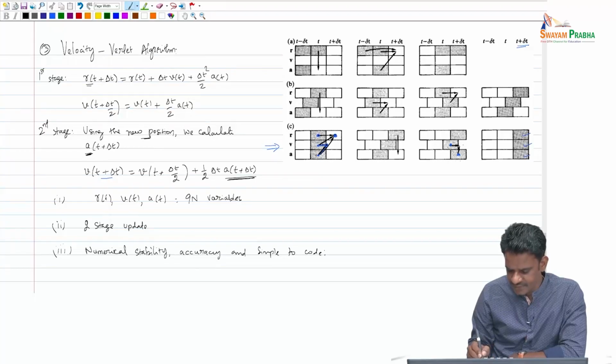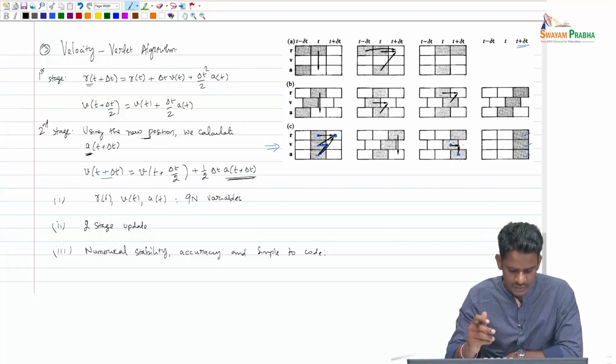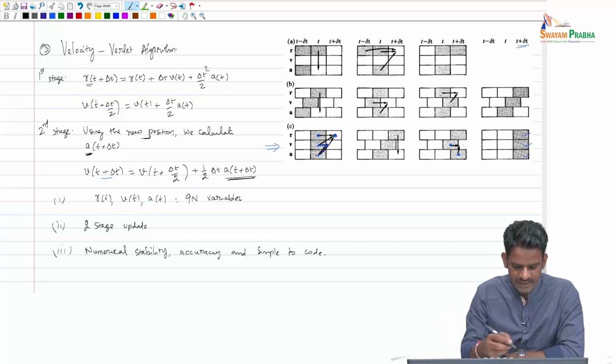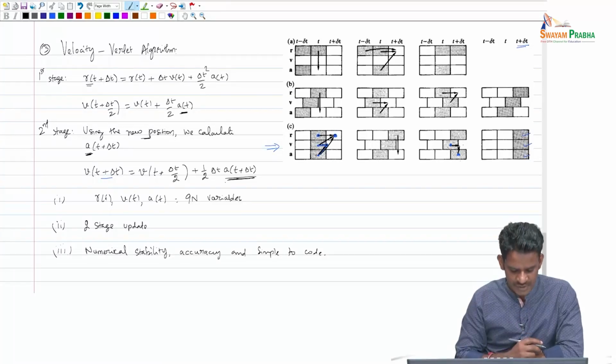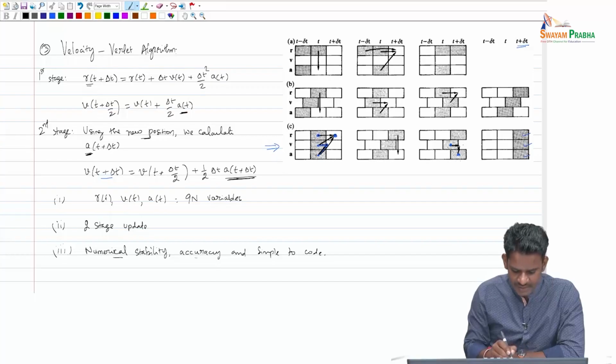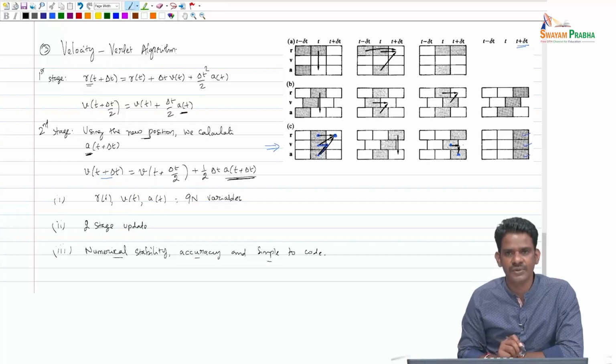So, because of all these nice features of velocity Verlet algorithm, it is also good in predicting the velocity, because it takes the two step accelerations using the current acceleration as well as the new acceleration, because of which the prediction of the velocity is more accurate than the other previous algorithms. So, because of which it has a better stability, accuracy and it is also simple to code. So, this is one of the widely used algorithms in MD simulations.